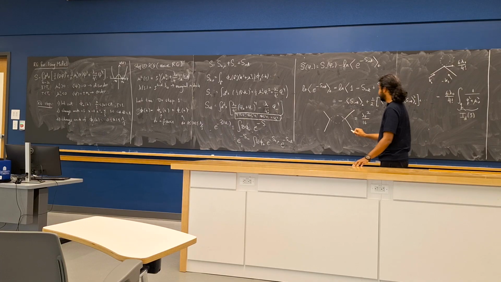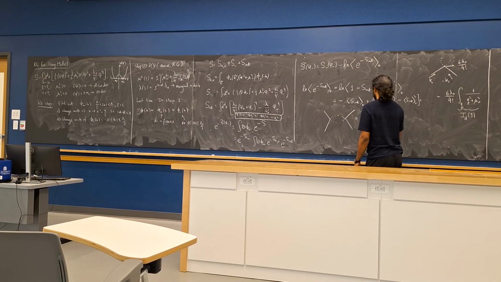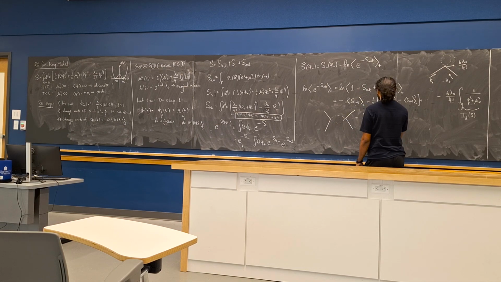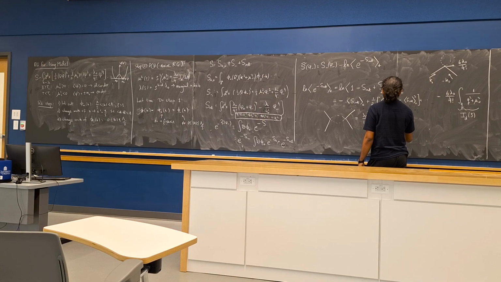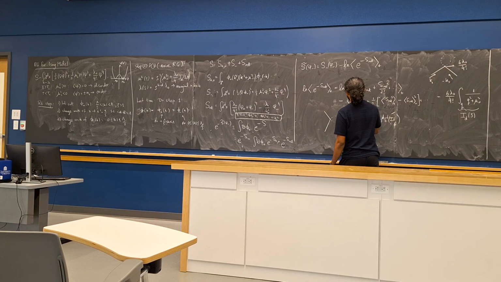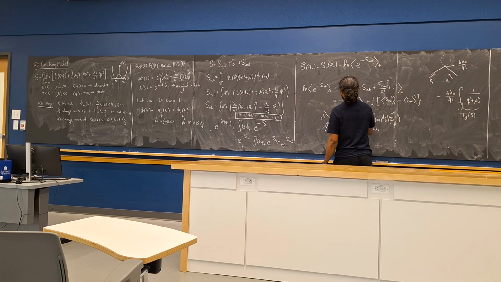Right. Then we would have the integral over k1, k2, k3, k4 for the external lines, with 2 pi to the d, delta d of the sum over i of ki. So this is like 1, 2, 3, 4, and let's call this q.